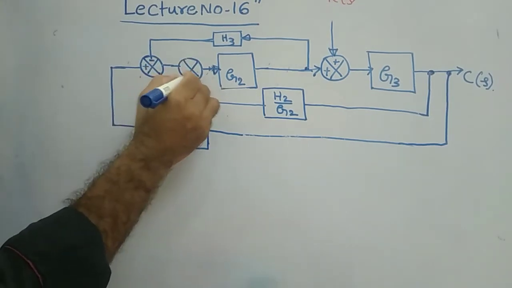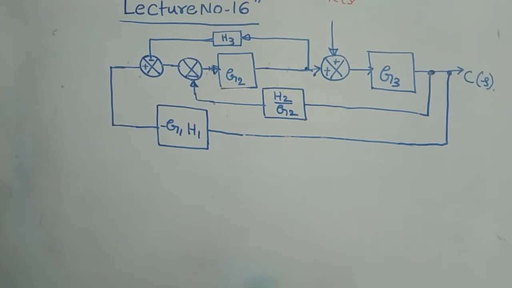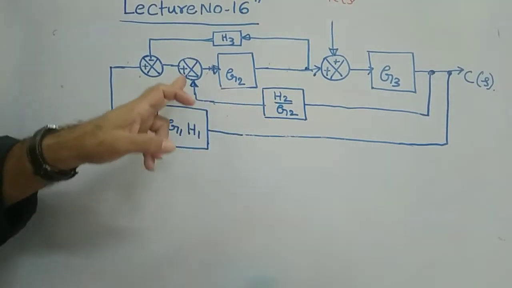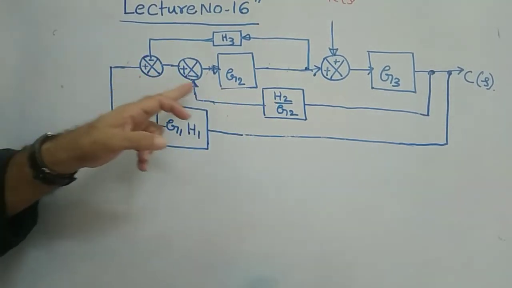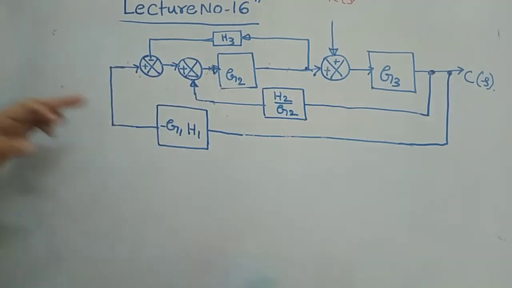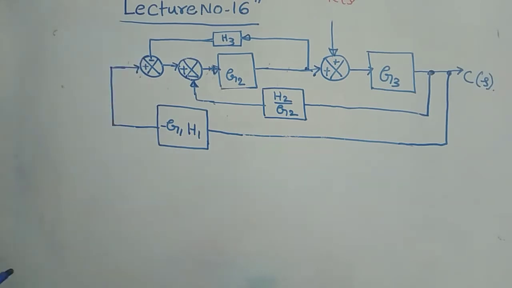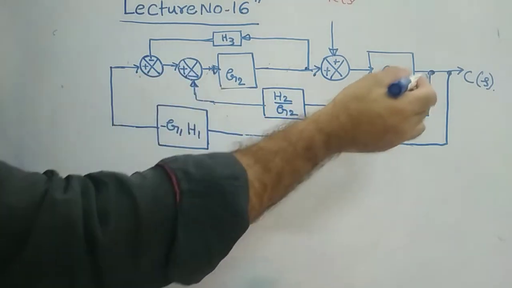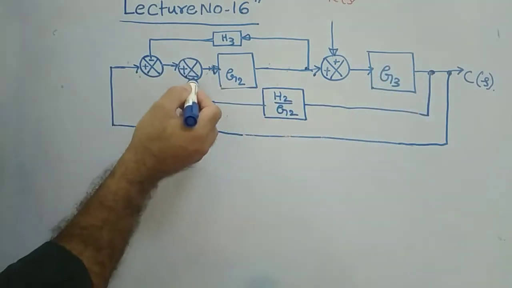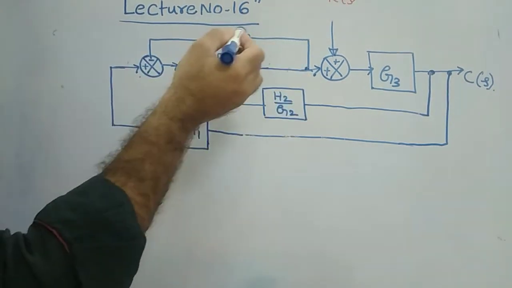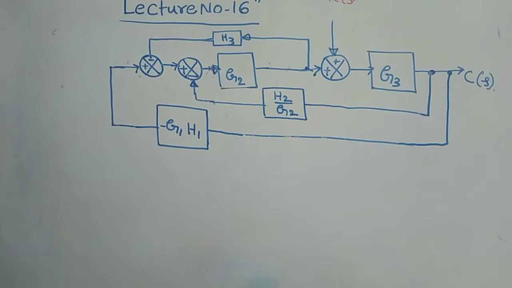This is the minus sign, and this is plus, and this is the summer. Again this is going here plus and this is minus. Let us carefully see. For this summer, this is one feedback element connecting to minus, and for this summer H3 is the feedback element coming to minus here.